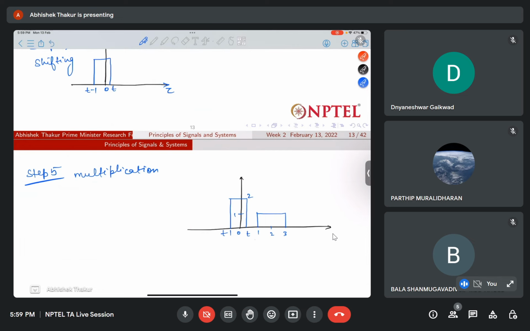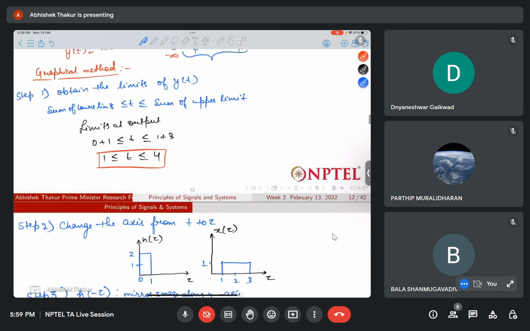Now when t is less than 1, and what is the limit of t? We have found that it is 1 to 4.